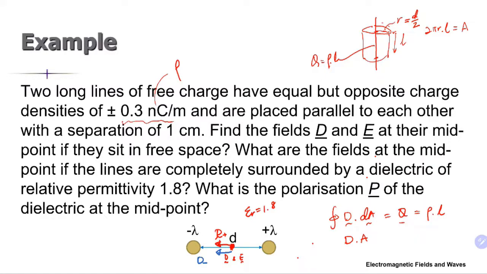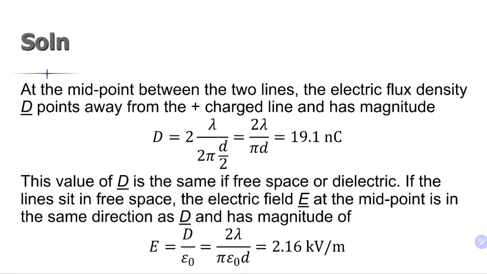Okay, so with all that information, we can now put in the values to solve for the electric flux density at the midpoint. Remember my Gauss's law: that's equal to D times A. A is 2 pi r times L, where r is d over 2.